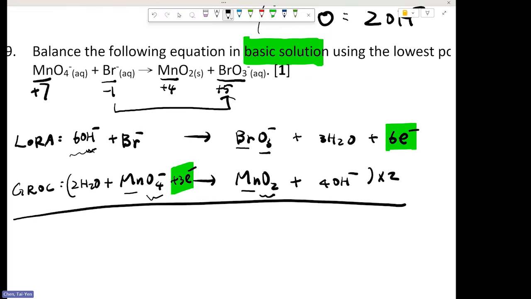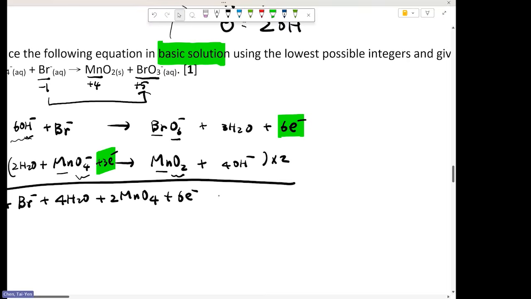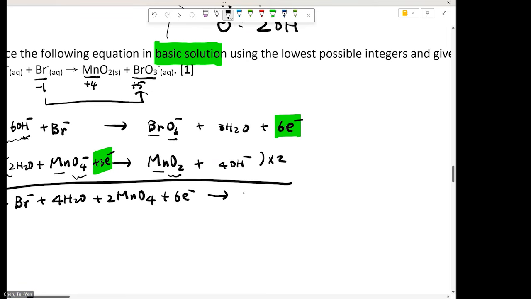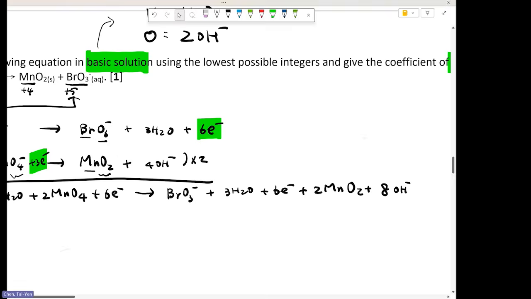Once you do that, you have 6 OH minus plus Br minus plus 4 H2O plus 2 MnO4 minus plus 6 electrons, producing BrO3 minus plus 3 H2O plus 6 electrons plus 2 MnO2 plus 8 OH minus.